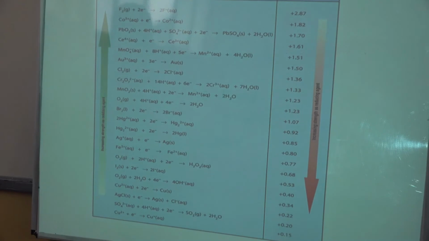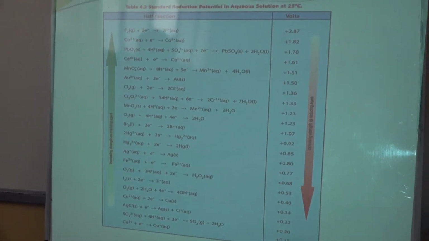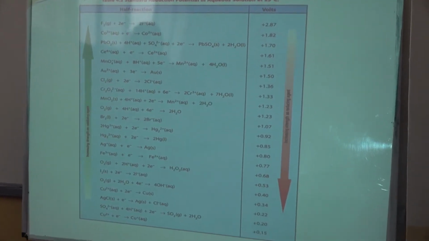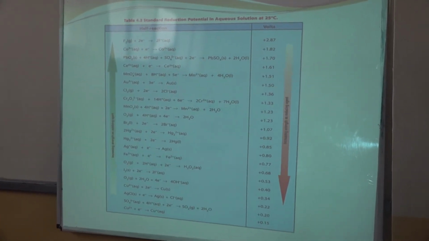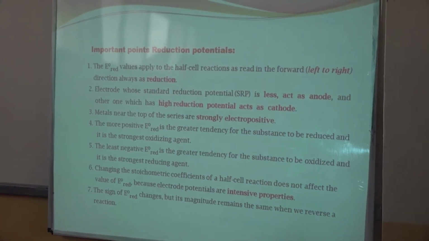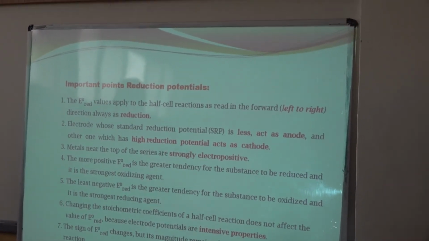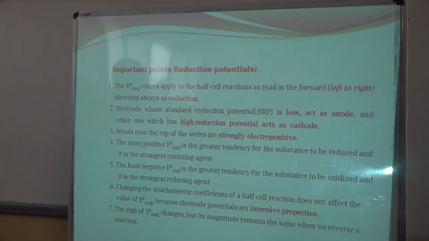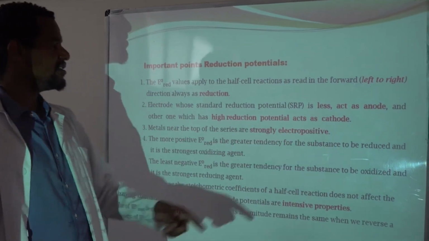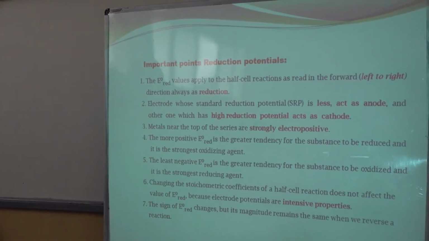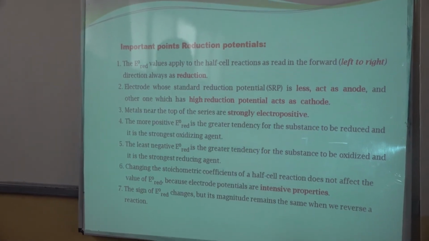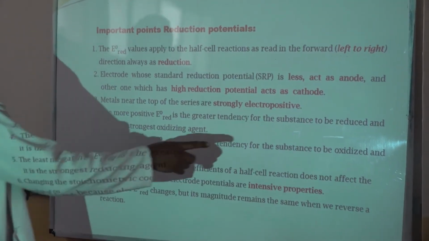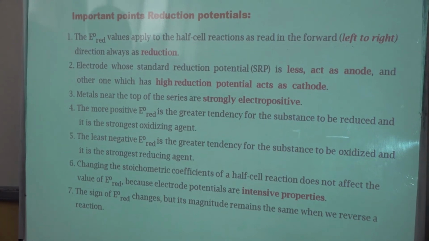You can refer to your textbook, or you can use this slide. All equations from left to right are written in reduction form. This is very important. The other one is this: in a galvanic cell, the one with the lower reduction potential value acts as the anode, whereas the one with the higher reduction potential value, the metal or rod, acts as the cathode.